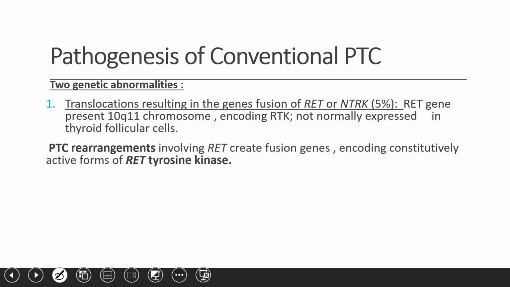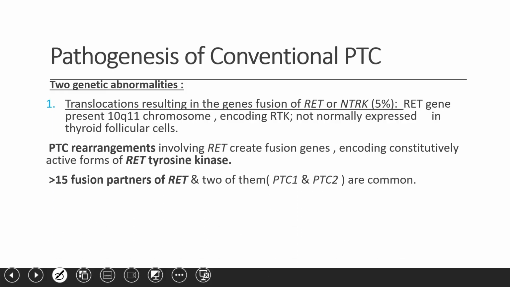And in this papillary thyroid carcinoma, rearrangements involving RET create fusion genes encoding constitutively active forms of the RET tyrosine kinase, and there are more than 15 fusion partners of the RET, and two of them, PTC1 and PTC2, are most common.